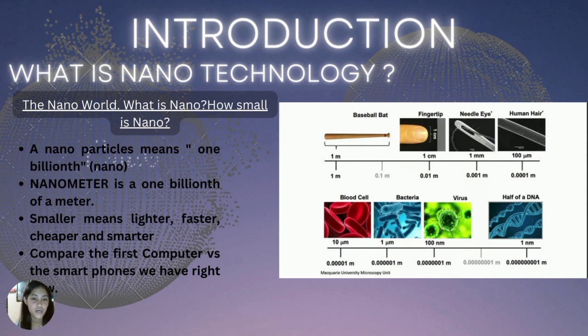In physics, nano is equivalent to 10 raised to the power of negative 9, which is very, very small, to the point that its value is insignificant in physics. But let's try to understand what nano really is in technology.